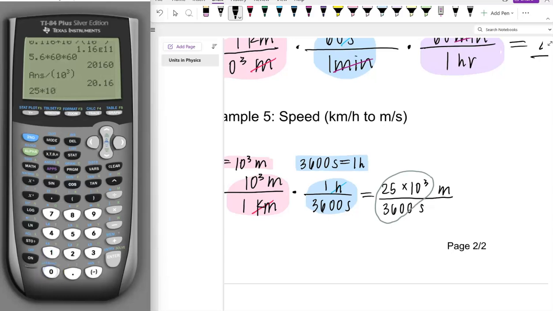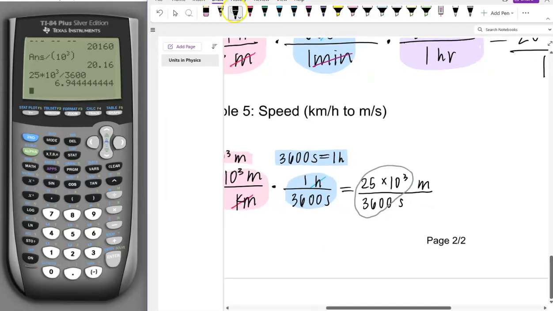And it gives us 6.94 repeating. So let's just go ahead and round that. It's about 6.94 meters per second. And that would be your final answer there.